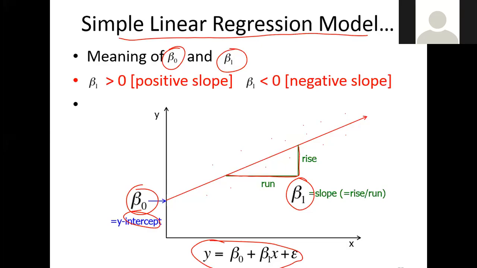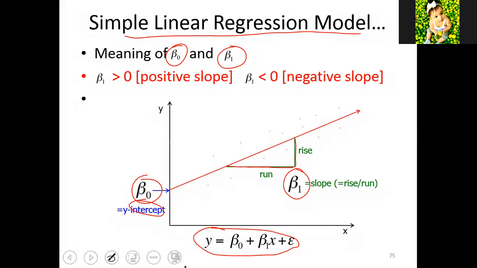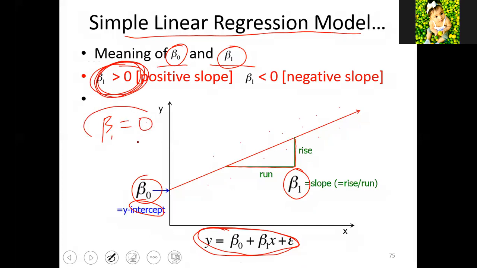When you talk about the model, this is the model for each and every observation. Then we want to predict these two values, which we have already seen, and also test whether beta 1 is equal to 0 or not. If beta 1 is 0, we could say no linear relationship.